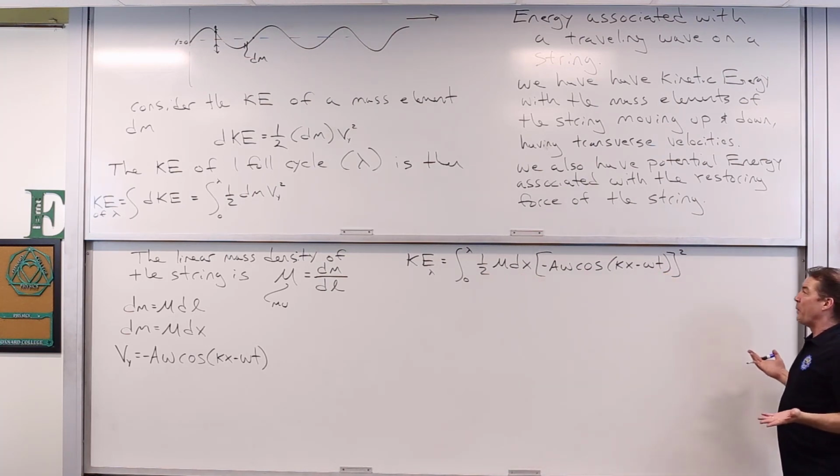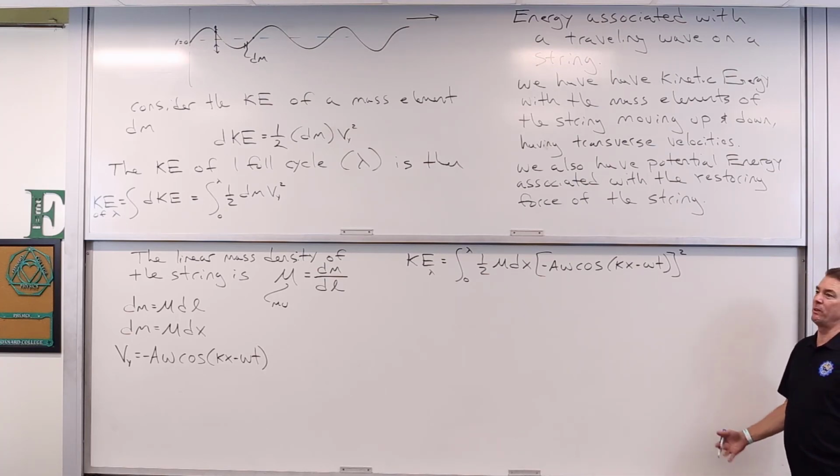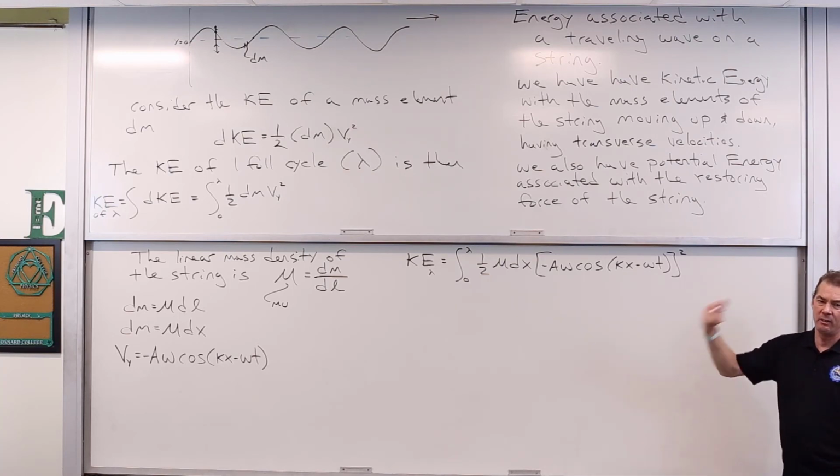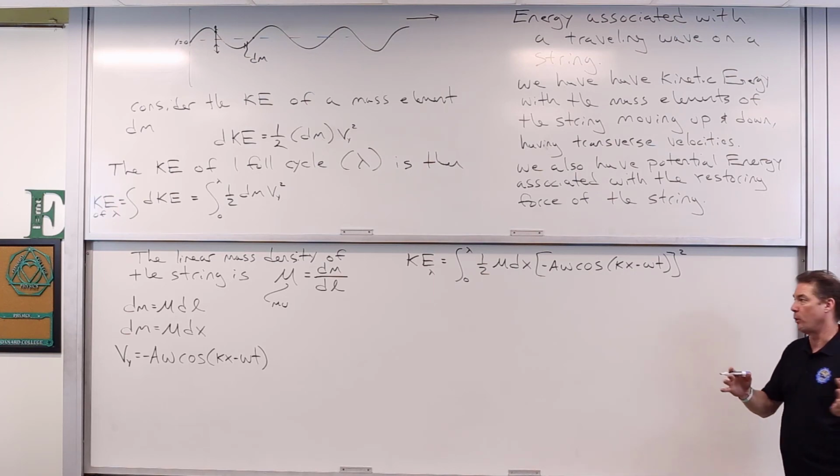Furthermore, we're not really concerned about time either. We could look at one complete cycle at any moment in time. Time's really just constant. This is like a snapshot. We just want to know the total kinetic energy in one full wavelength of the wave.